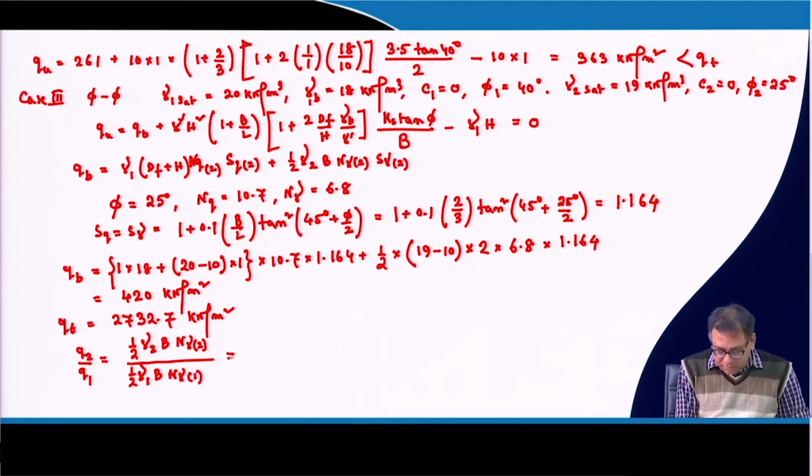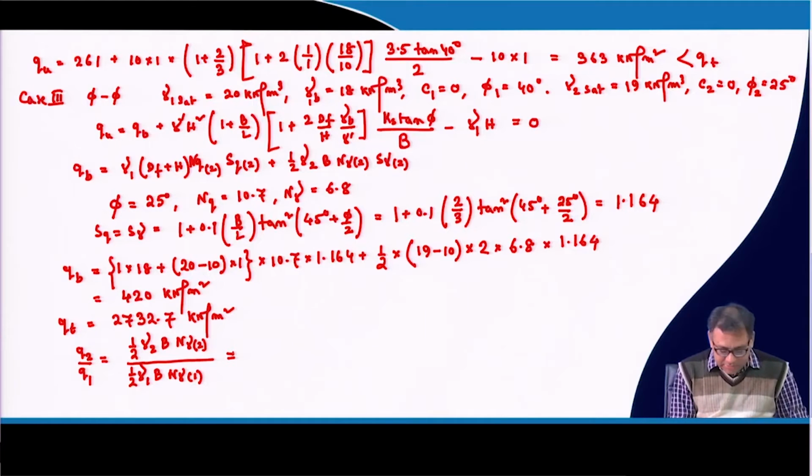Now, what is gamma 2? What will be gamma 1? Because gamma 2 is below the water table, definitely it will be gamma dash. Even if we put it on the surface, we have to put it below the water table.